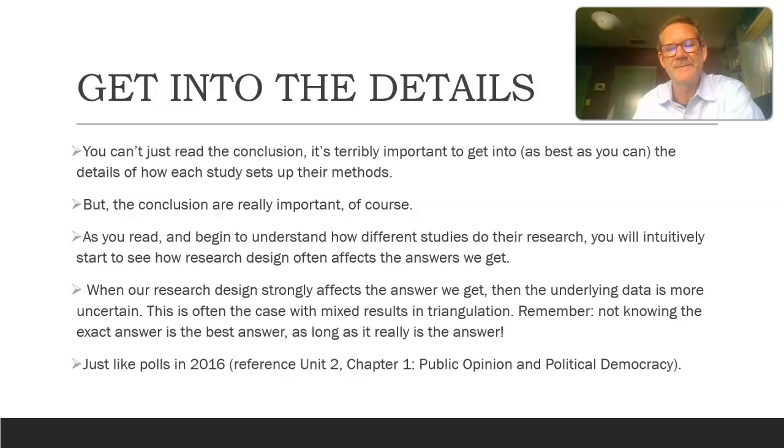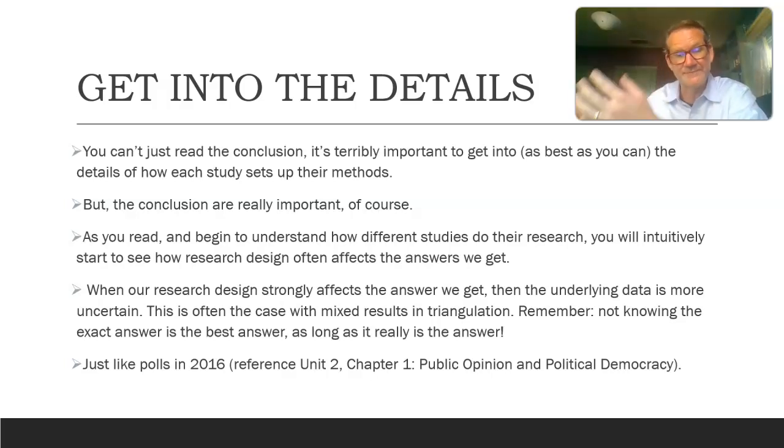As you read and begin to understand how different studies do their research, you will intuitively start to see how research design often affects the answers that we get. When our research design strongly affects the answer we get, then the underlying data is more uncertain. So our uncertainty goes up, right? That's why when we get mixed results in triangulation, we say, well, we're not really sure.